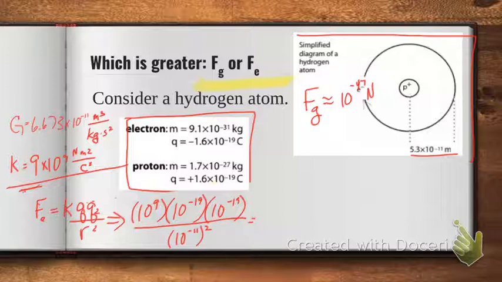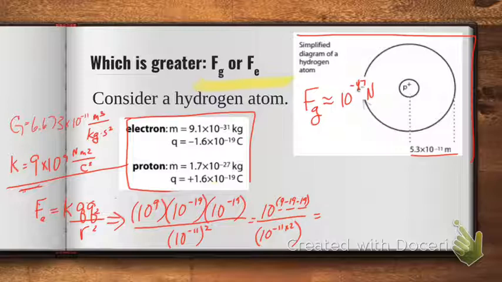Math-wise, it's 10 to the 9 minus 19 minus 19, divided by, if we square it, multiplying the exponents, 10 to the negative 11th times 2. 9 minus 19 is negative 10.